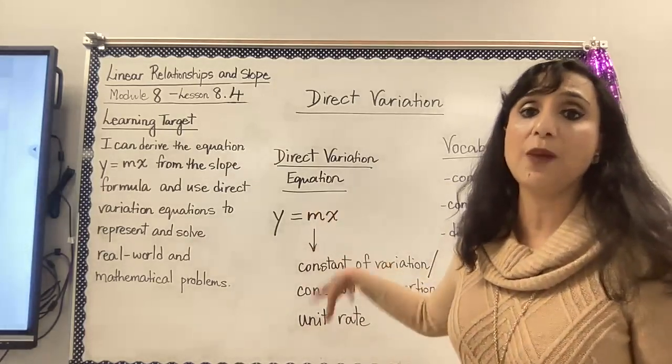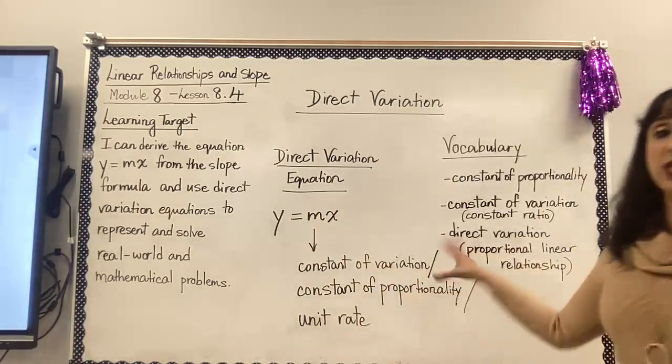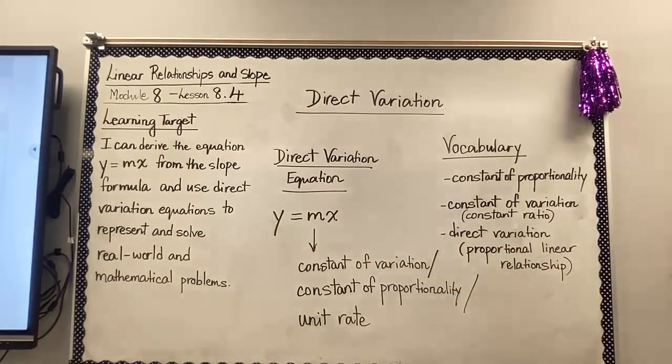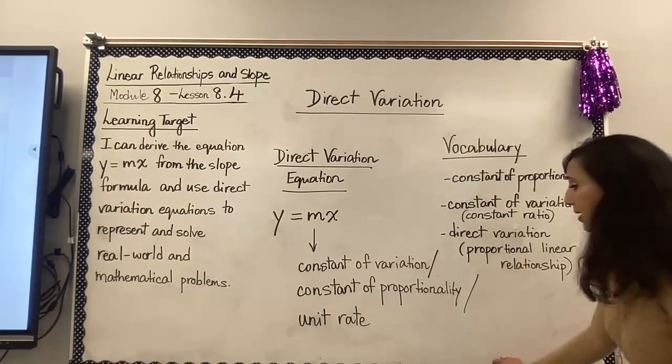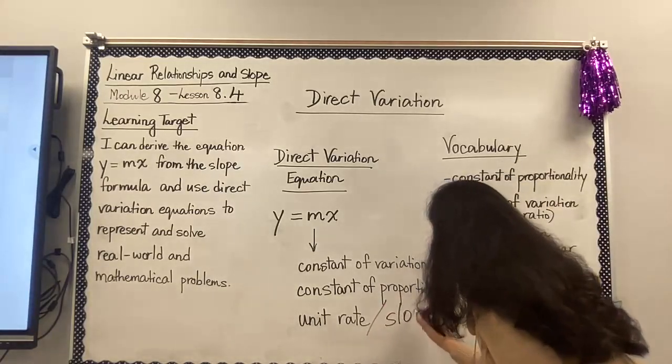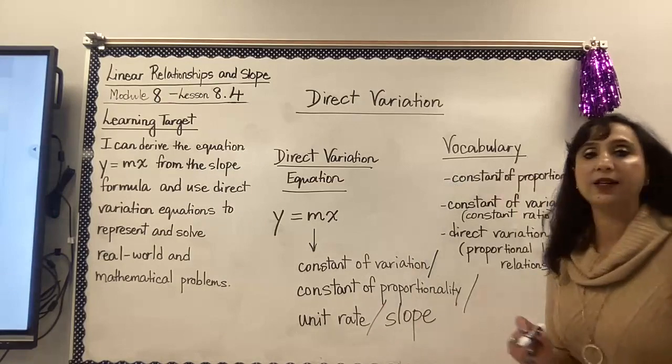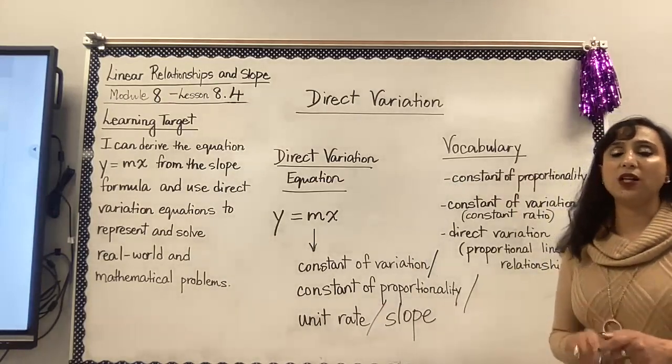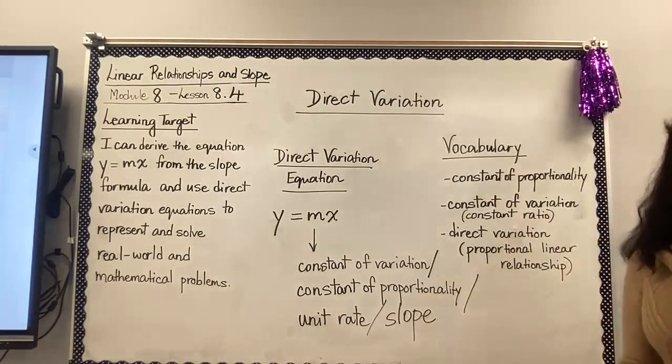So m is representing all of these, because they are the same thing. So once again, m represents the constant of variation, the constant of proportionality, unit rate, also the slope, because the slope is the unit rate. So these are all the things that m is representing.